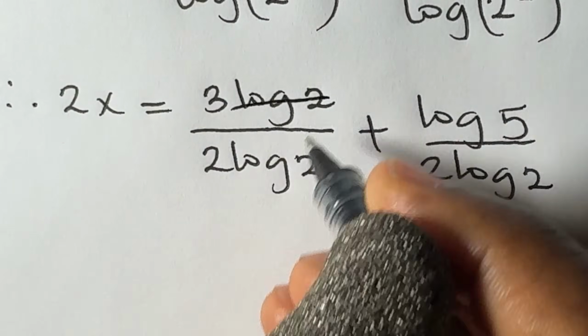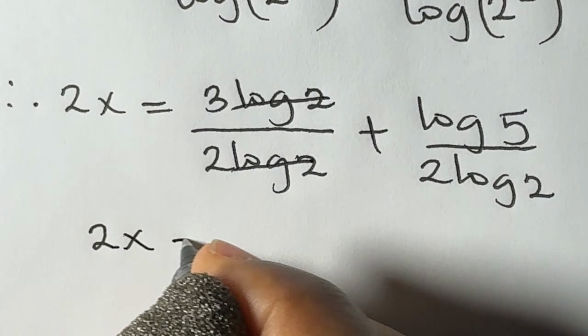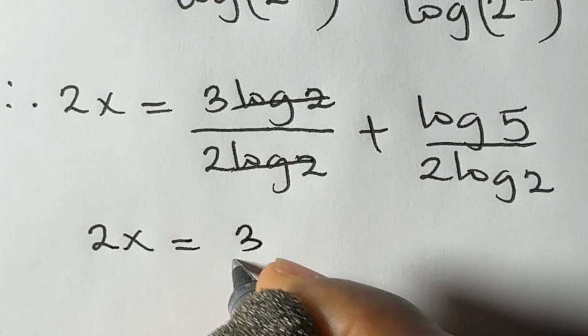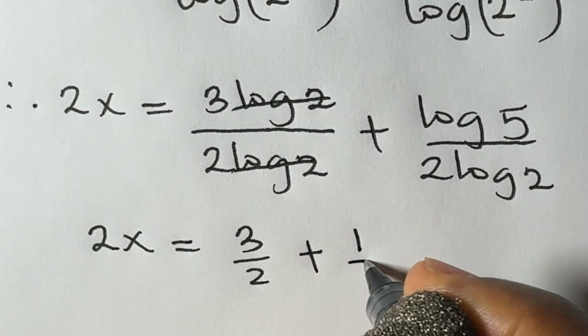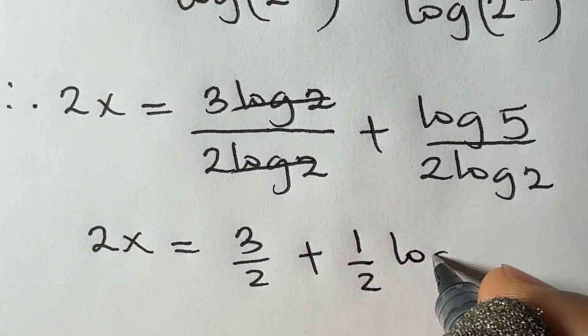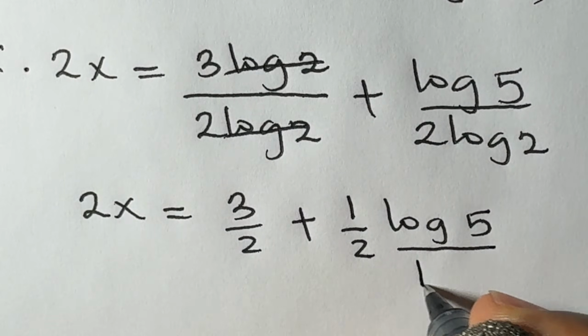Log 2 here will cancel log 2 here. So 2x becomes 3 over 2. Then I'm going to rewrite this as 1 over 2, then log 5 divided by log 2.